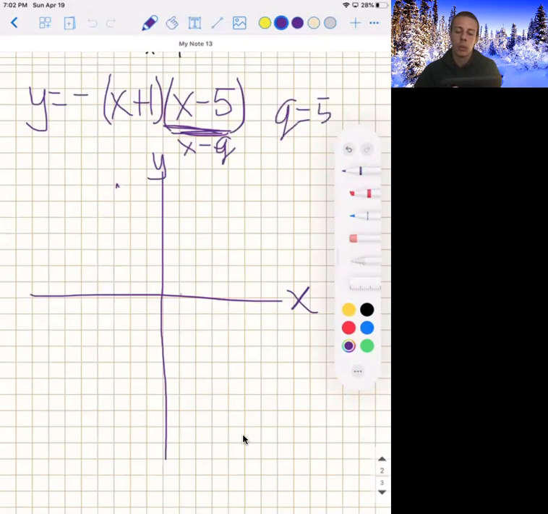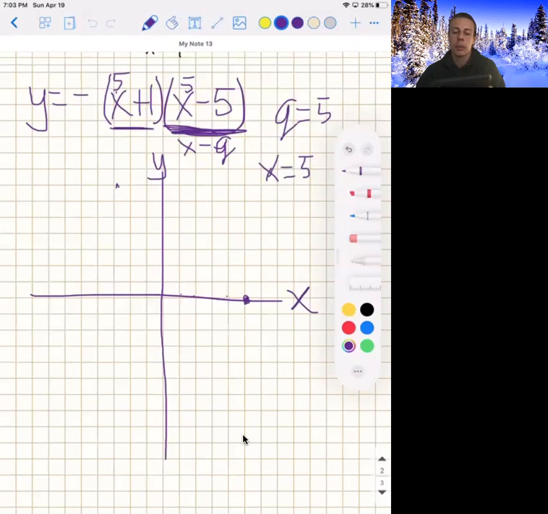So if I go over 1, 2, 3, 4, 5, we must have an intercept here. A little bit of intuition: if I plugged in x equals 5 into my equation, wherever I saw x, if I plugged in a 5 here and a 5 here, this second set of parentheses would end up being 0. And so 0 times anything is just 0. So that's why we can do that.